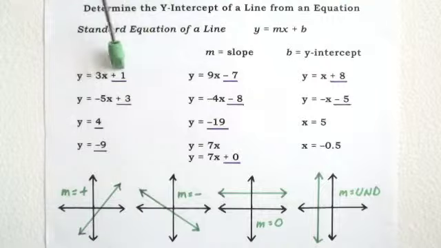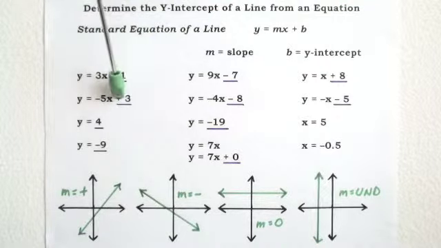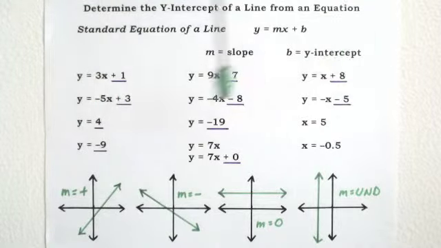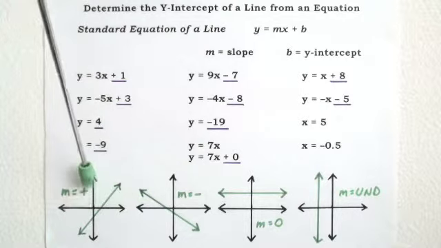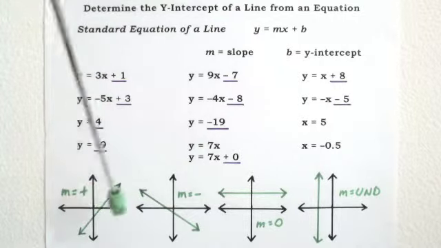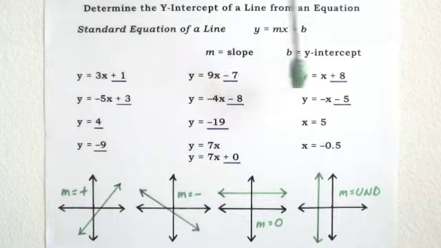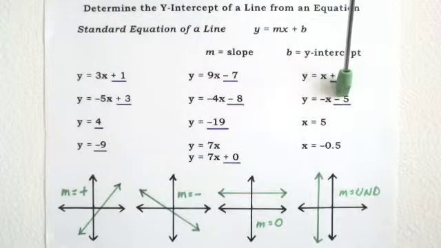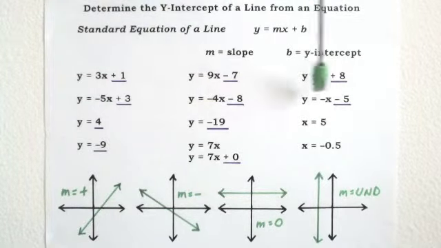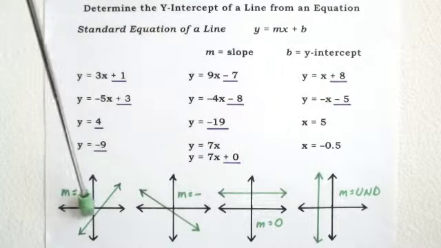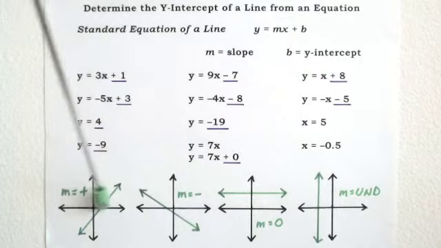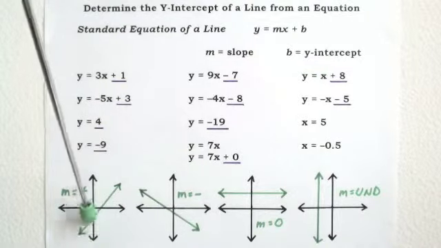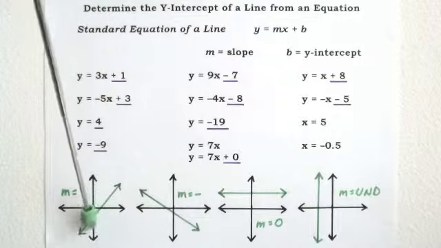So this line and this line cross the y-axis somewhere above the x-axis. All of these with negative y-intercepts, -7, -8, -5, cross the y-axis somewhere below the x-axis or the horizontal axis, in the negative area of the y-axis.